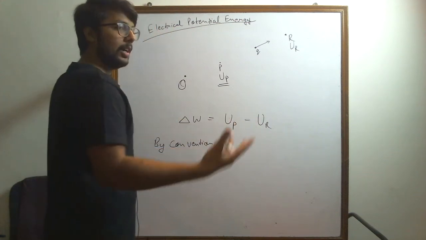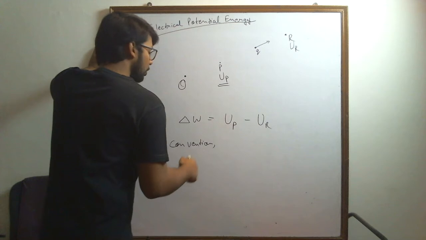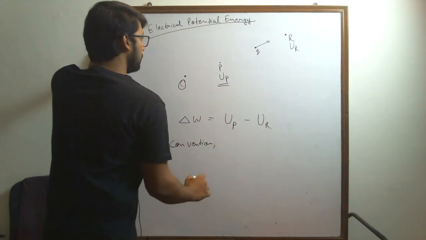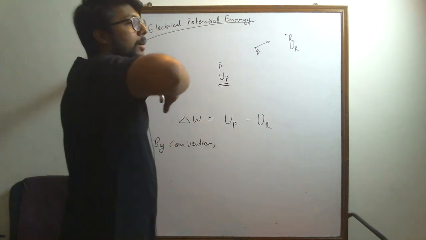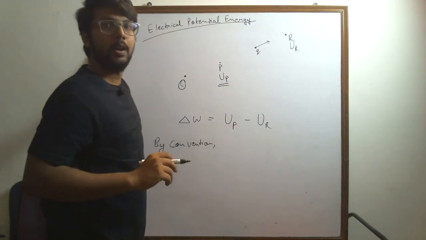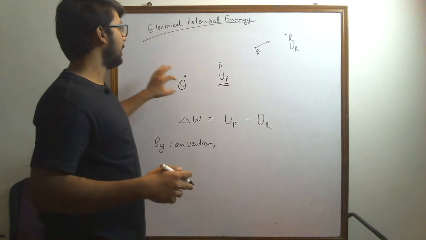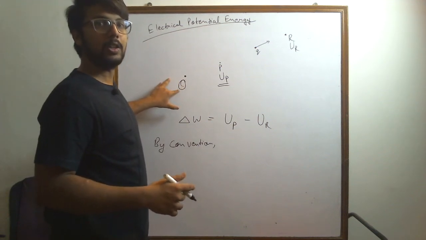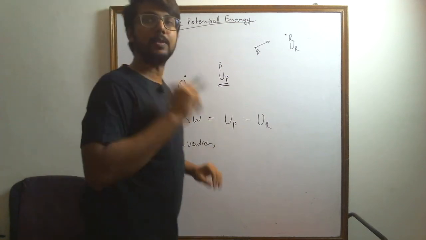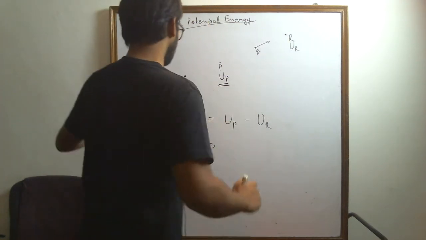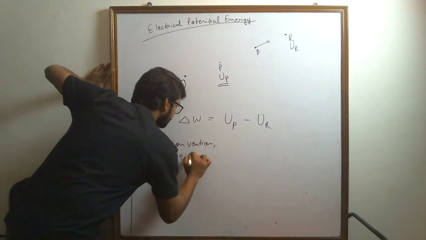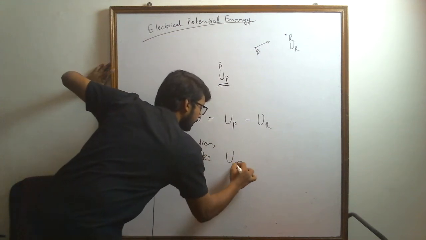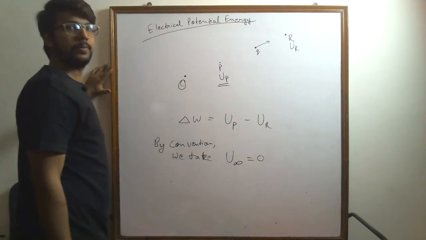So convention is just an agreed upon rule, right? It's not nature's rule, it's just an agreed upon rule. So by convention, a point at infinity from this source charge has a potential energy of 0. We take U infinity as 0.